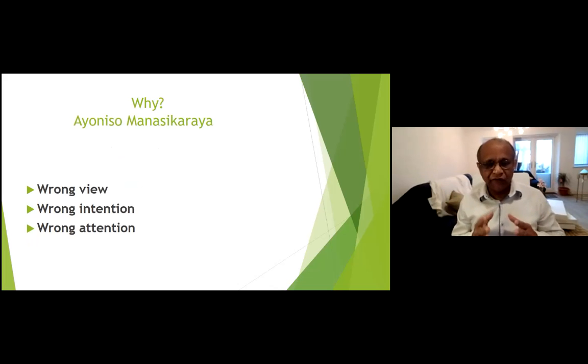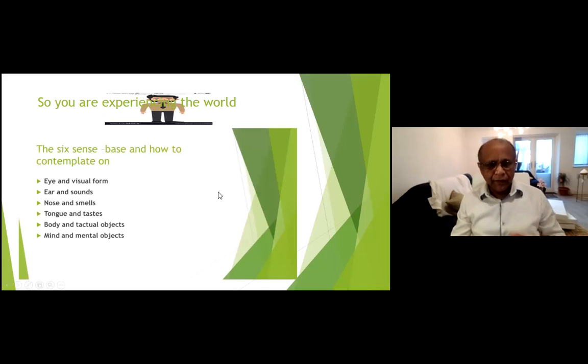Because of wrong view, wrong intention, wrong attention, we keep things in our mind, thinking about these objects. Okay. Then we're going to start to contemplate and talk about these 5 groups, if you could. So number 1, the 6 sense bases and how to contemplate them. I take that for a reason before the hindrances.